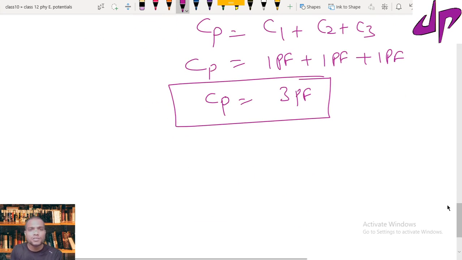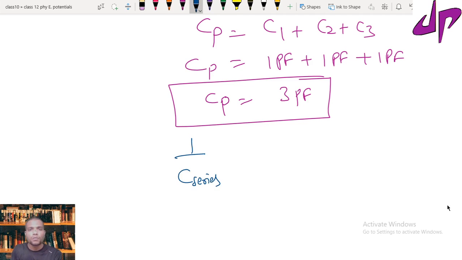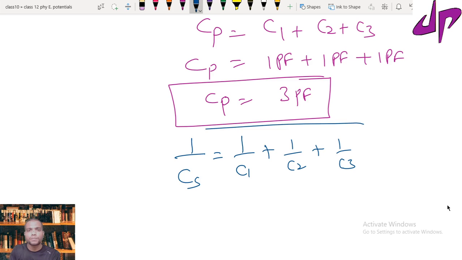If you remember the capacitors in the series combination, 1 over Cs, where S stands for series, equals 1 over C1 plus 1 over C2 plus 1 over C3.